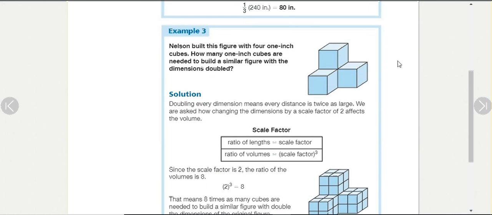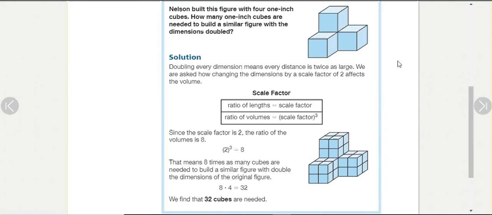And then, of course, we have a volume one. 1 inch cubes. How many cubes are here in the picture? One's hidden. Careful. Looks like 1, 2, 3, and hidden underneath there, because this one cannot float, there's one under there that's 4. So if there's 4 cubes, how many 1 inch cubes will you need if dimensions get doubled?